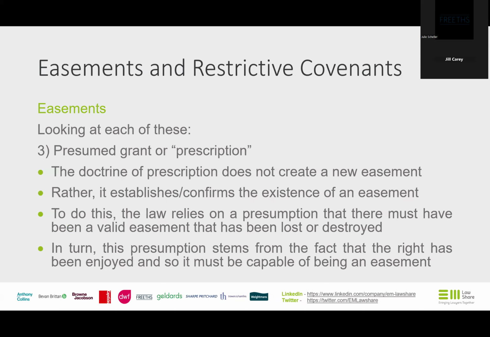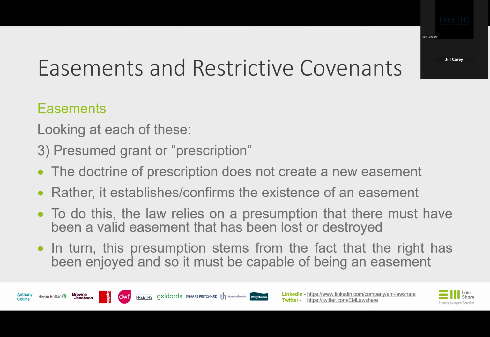20 years is the danger point for an easement. If somebody can say they have been doing something on your land in the way required by the law for 20 years or more, you may be at real risk that they will have acquired an easement. And in order to ratify this, the law relies on a presumption that there must once have been a valid easement that has been lost or destroyed.